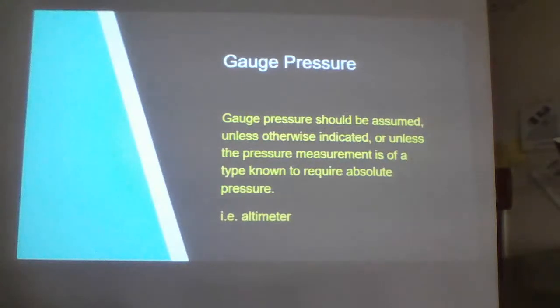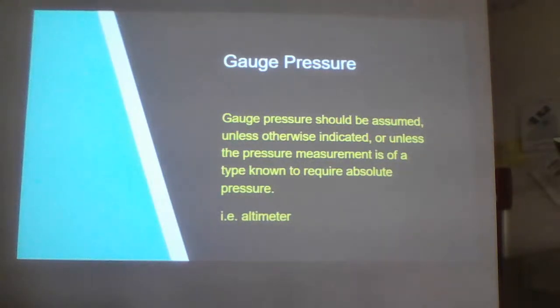Gauge pressure should be assumed unless otherwise indicated or unless the pressure measurement is of a type known to require absolute pressure. An example of that is your altimeter. Your altimeter is known to require absolute pressure. Okay, so gauge reading is an assumption that we make that can be used, in general practice, because we are reading a lot of gauges, we're using a lot of gauges to read measurements.